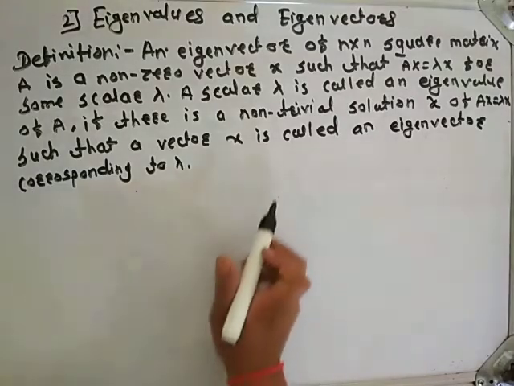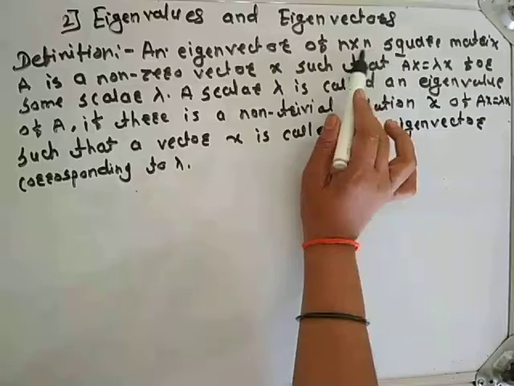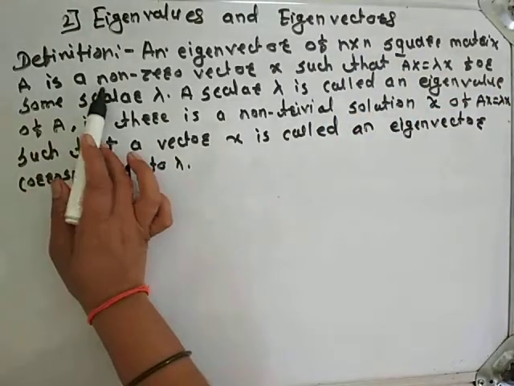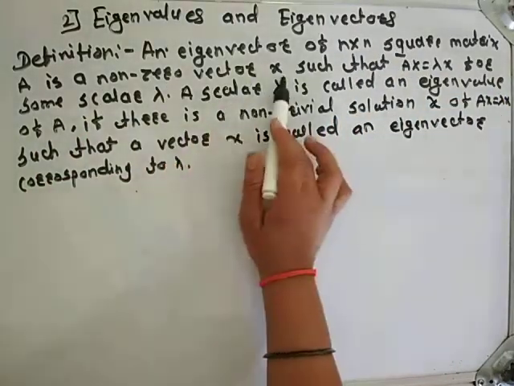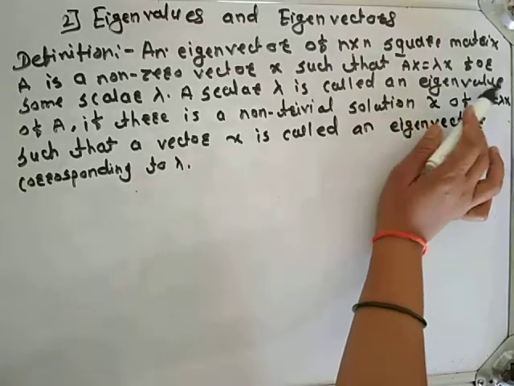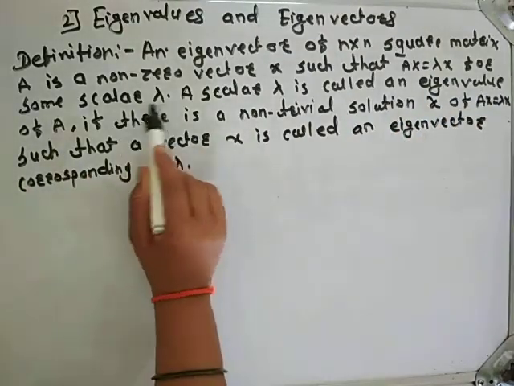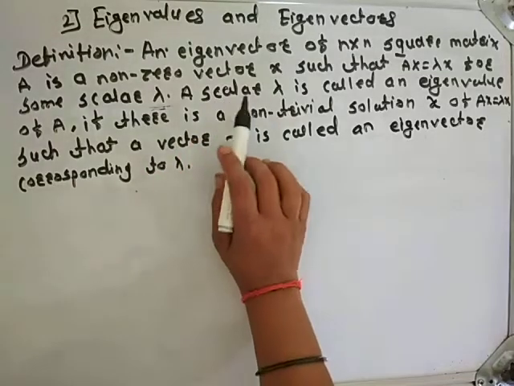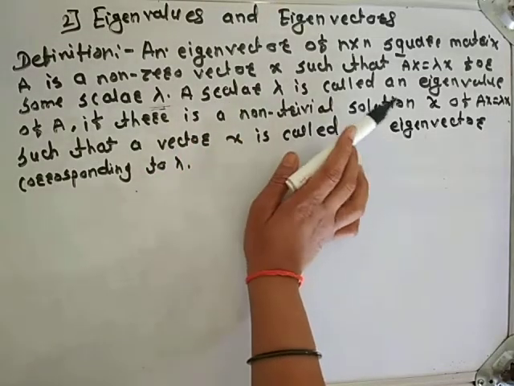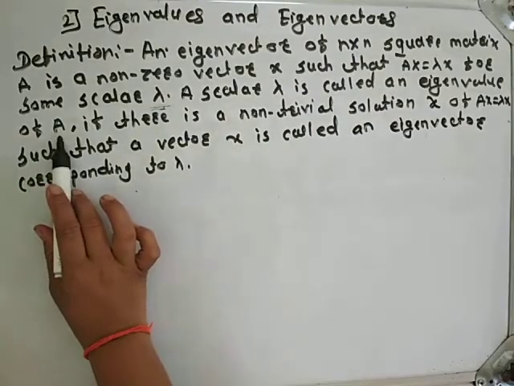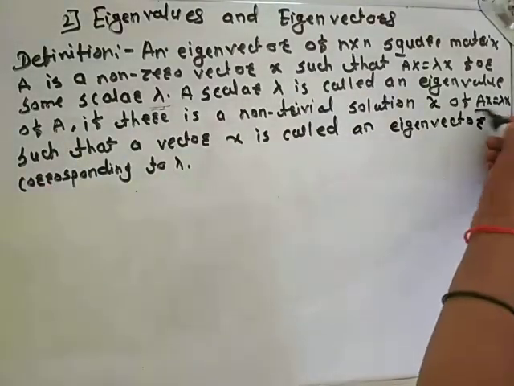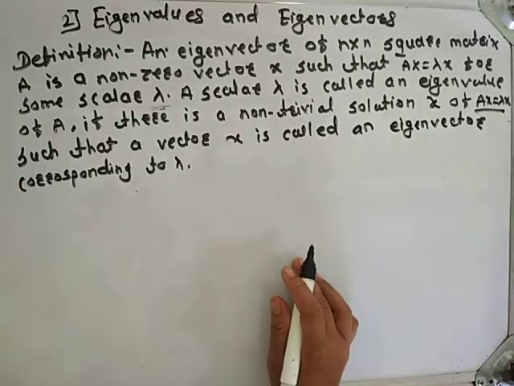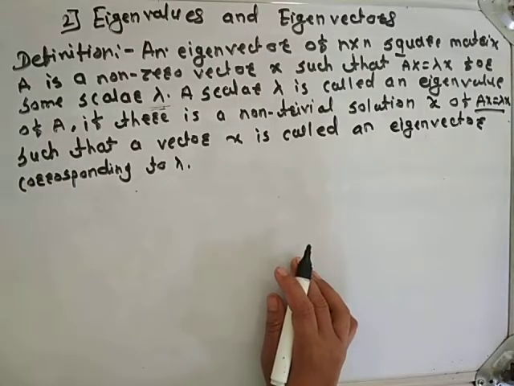See here, students. An eigenvector of an n by n square matrix A is a non-zero vector x such that Ax = lambda x for some scalar lambda. Okay. A scalar lambda is called an eigenvalue of A if this equation Ax = lambda x has a non-trivial solution.